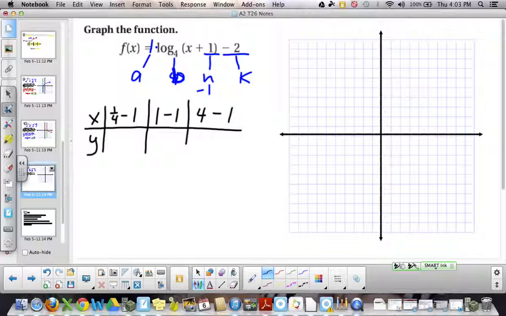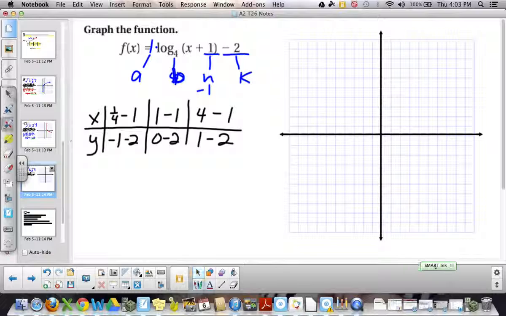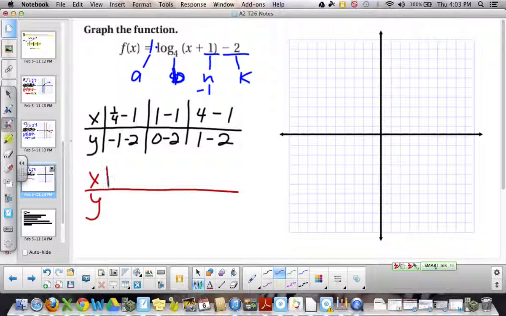Our y coordinates, -1 plus k, 0 plus k, and 1 plus k. So simplifying those, 1/4 minus 1 is going to be -3/4. 1 minus 1 is 0, and 4 minus 1 is 3. And our y coordinates, we've got -3, -2, and -1.